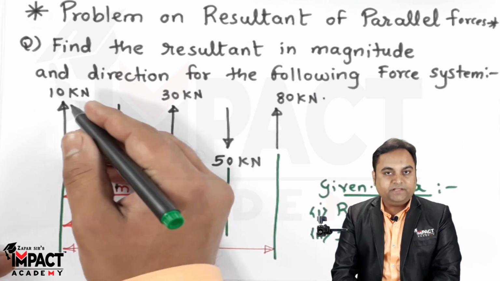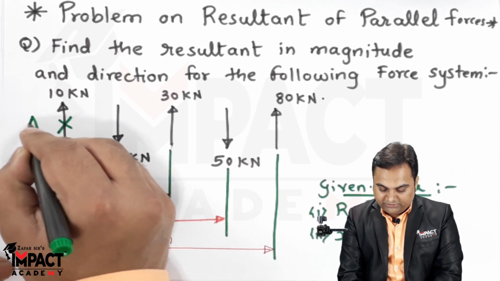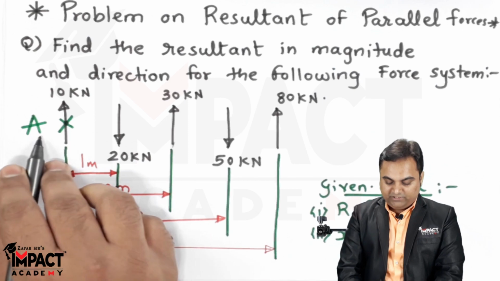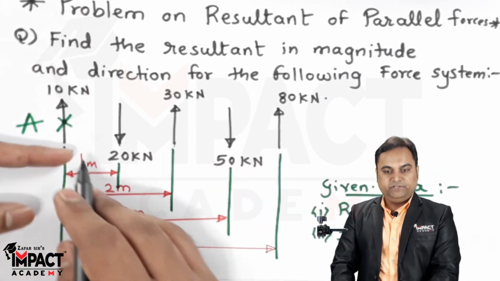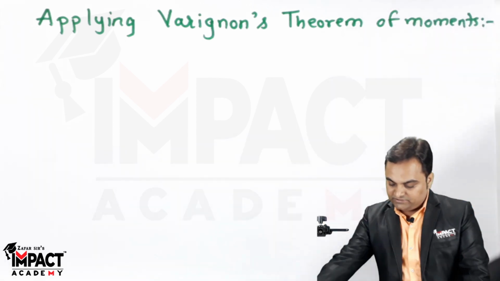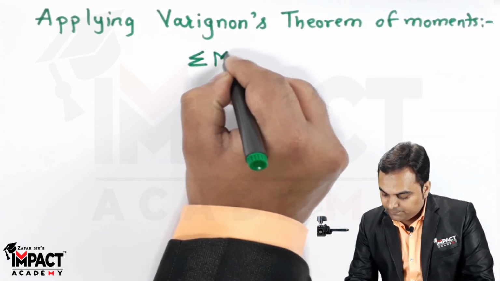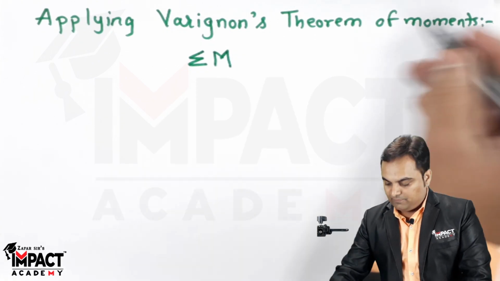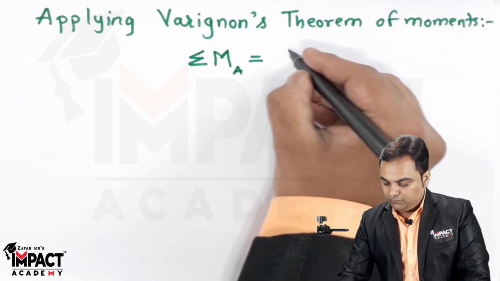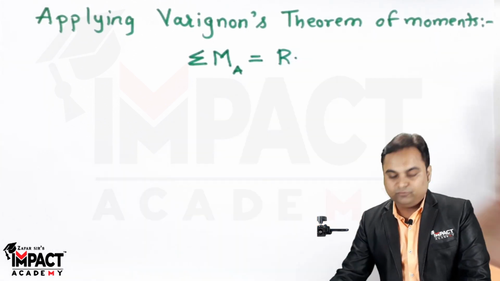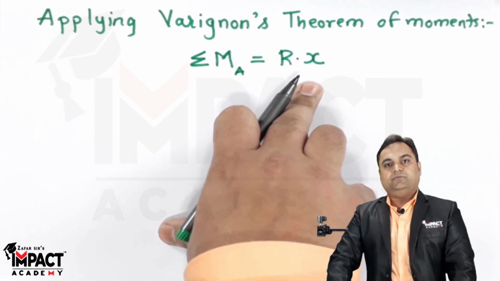Here I am taking the first force as the reference, and I am calling this point A, the reference point, and I would be taking the moment of all forces about this point A. So Varignon's theorem would be written as summation of moments of all forces about point A is equal to the moment of the resultant, which is the resultant force into its horizontal distance x.